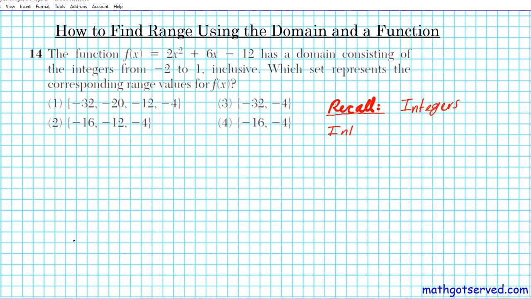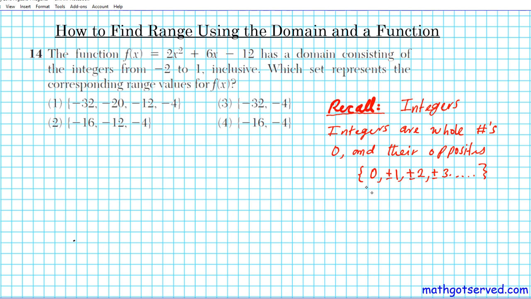Integers are whole numbers, 0 and their opposites. Okay, so what am I talking about here? Whole numbers, 0 and their opposites. Integers are 0, plus or minus 1, plus or minus 2, plus or minus 3, and it goes on and on forever. Alright, so those are what integers are.